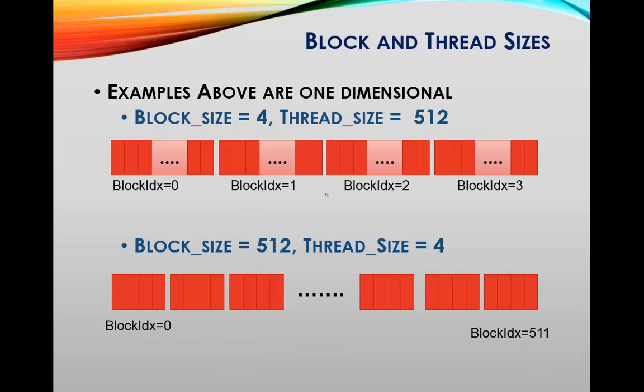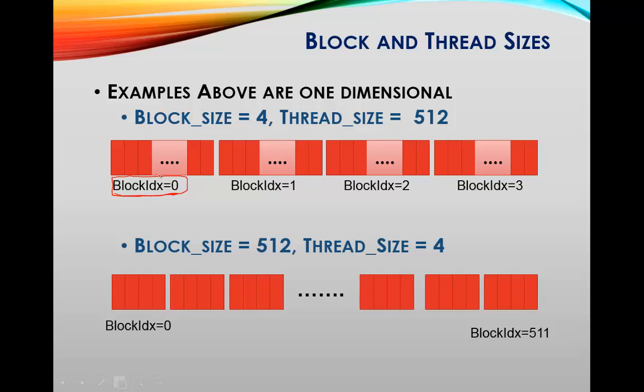All the examples that we talked about so far, block sizes and thread sizes, are one-dimensional. For that particular example of 2048 threads, we could create 4 blocks: block number 0, 1, 2, and 3. Notice that these block indices are associated with a variable called blockIdx.